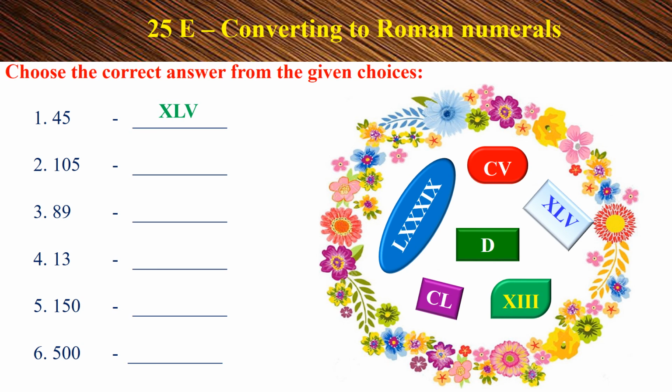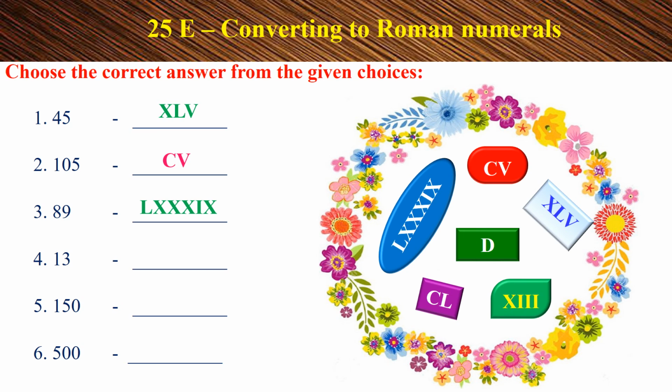Okay, then 105. Second one is 105. We know that C is 100, V is 5. So, it is CV. Third one is 89. Where is it? Yes, it is here. LXXXIX is 89.